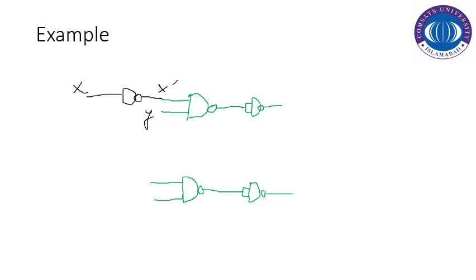So either I can short this from here, or I can just label it as x. And the second input was the complemented input. Let me redraw that. To represent the short operation between the inputs, this is y, this is x.